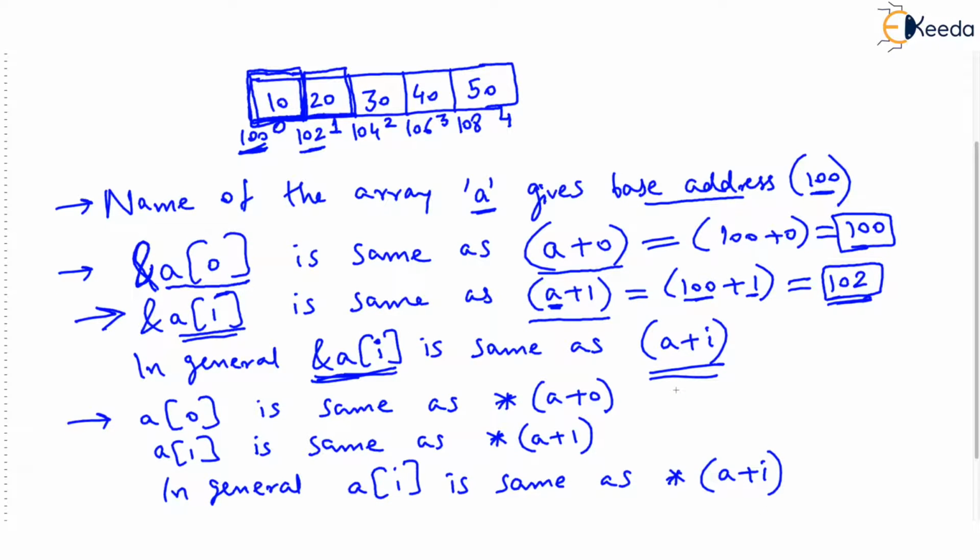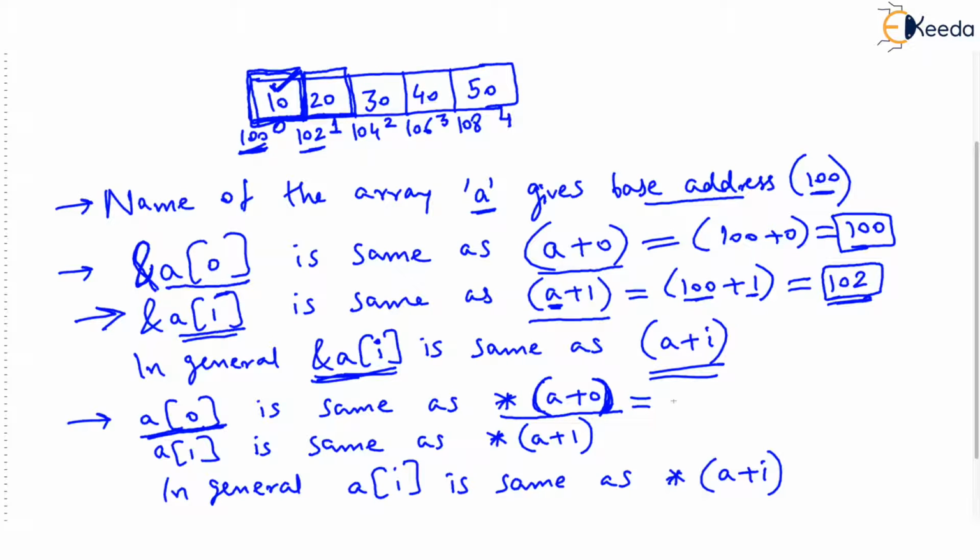Now what if I remove that ampersand symbol and suppose I want value of A0? That means I want to know what is stored at the 0th location. Till now I was just searching for address. What if I want to know what is stored over here at A0? Then programmer may write A square bracket 0. This will give value of A0. But this is same as asterisk A plus 0. Why? Because if you solve this bracket, you will get 100 plus 0 because A is 100.